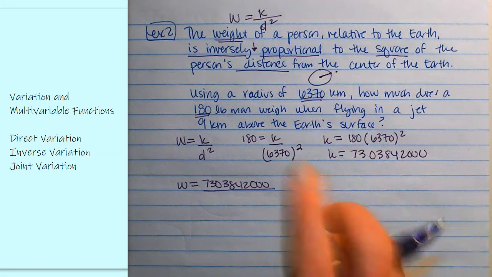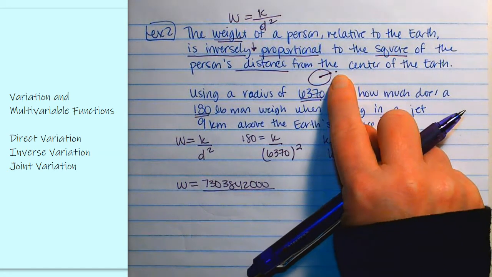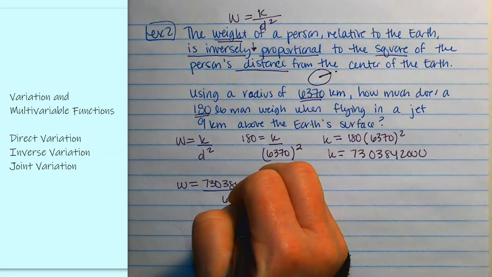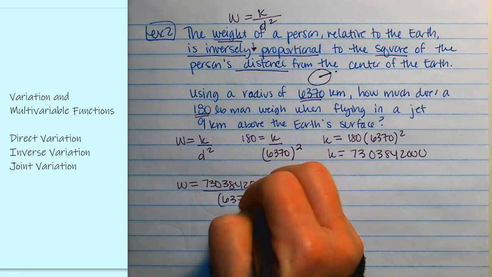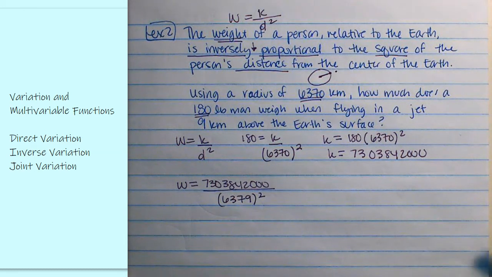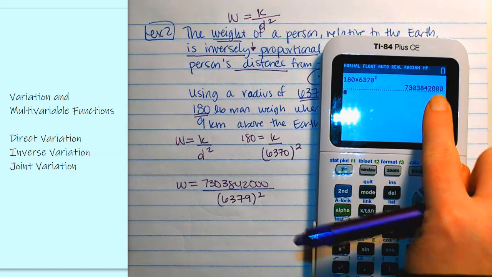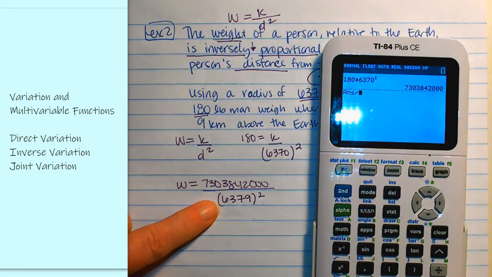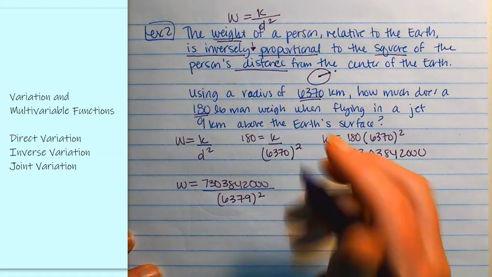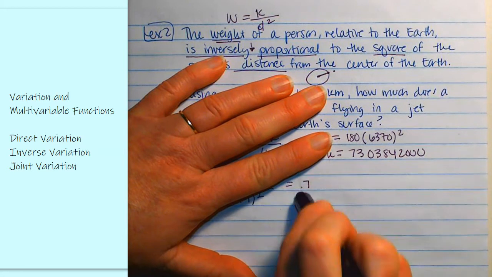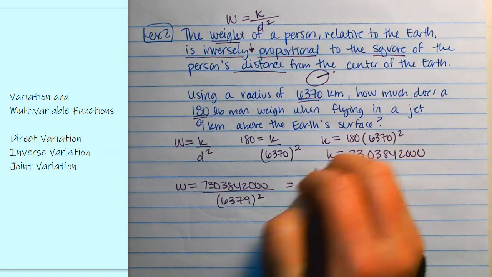And the distance now is going to be radius plus another 9, so 6379, 6370 plus 9, squared. This is easy to put in my calculator because I already have this value. So I'm going to say this value divided by 6379 squared. And so he weighs a little bit less. He weighs 179. I don't know why I put a decimal there. He's definitely not that light.